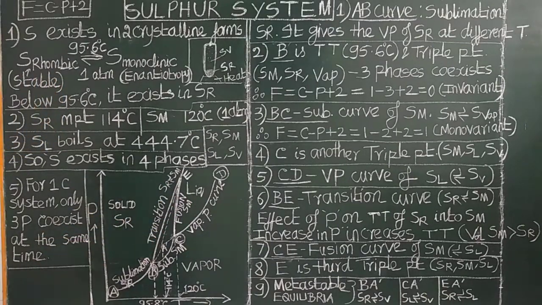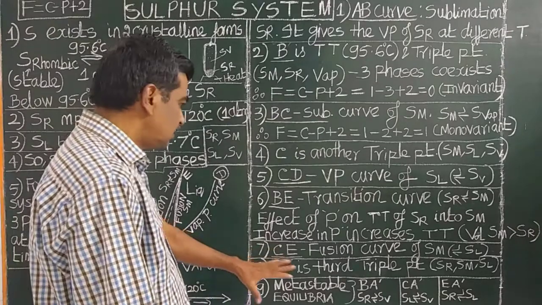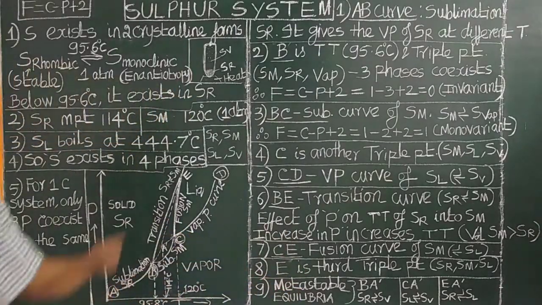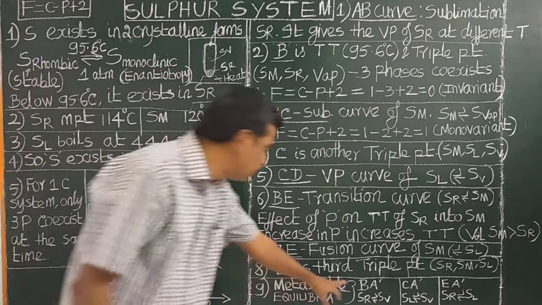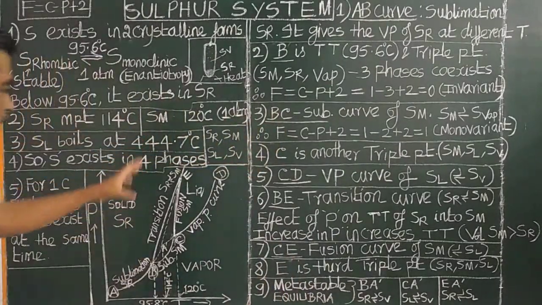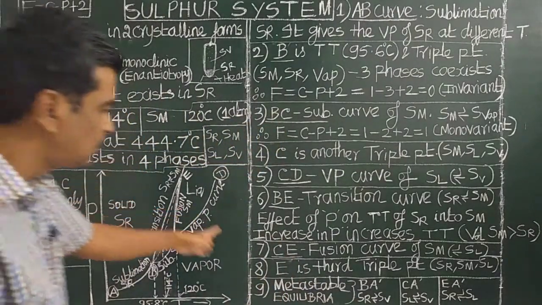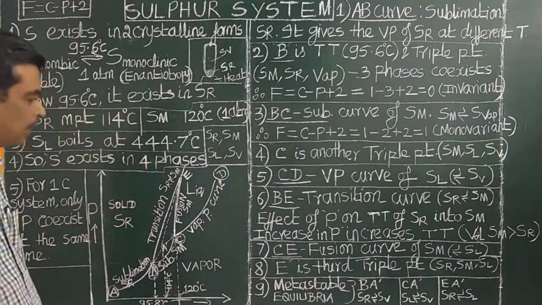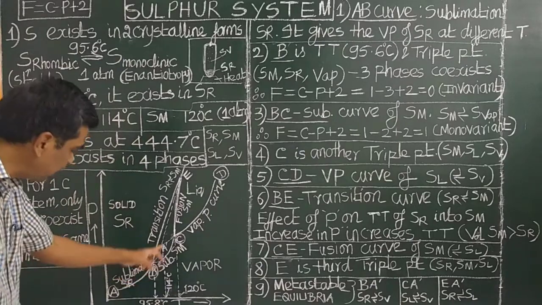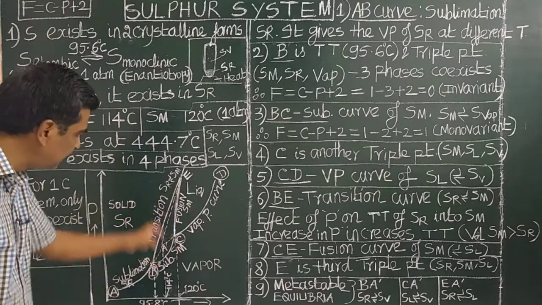Now the next one is the dashed lines. These are all the metastable equilibria. The dashed curves correspond to metastable equilibria. There are three curves: BA dash, CA dash, EA dash.